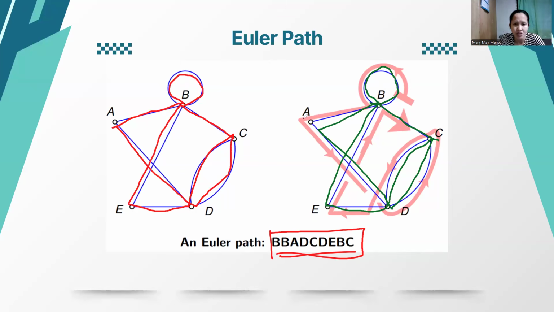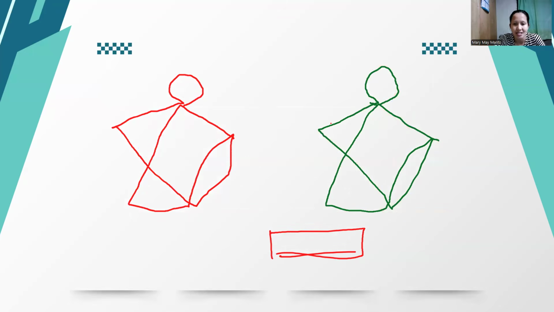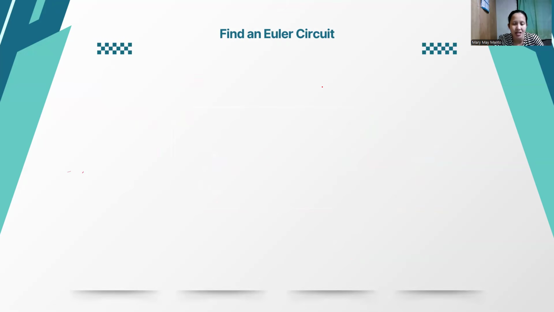Okay, let's continue. Next is to find an Euler circuit. So let's go back to the definition of an Euler circuit. Again, you can only say that it has an Euler circuit if all the vertices are of even degree.